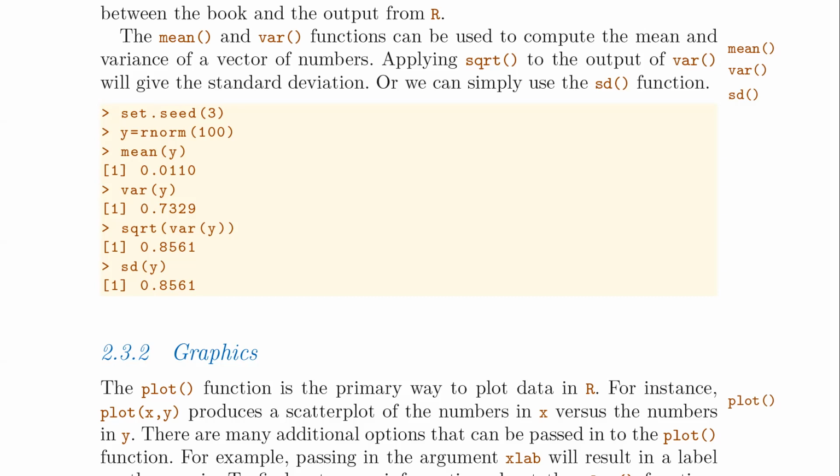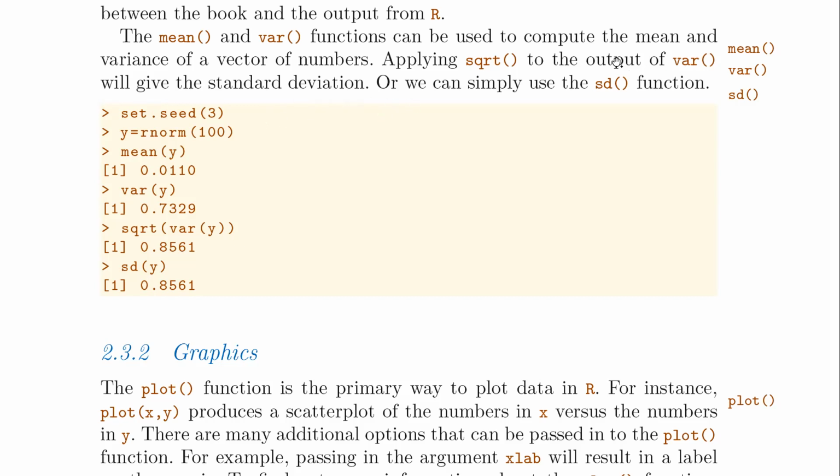A zero variance would mean the data's homogeneous. Each data subject, each observation, has the same data value. Applying square root to the output of var will give the standard deviation.